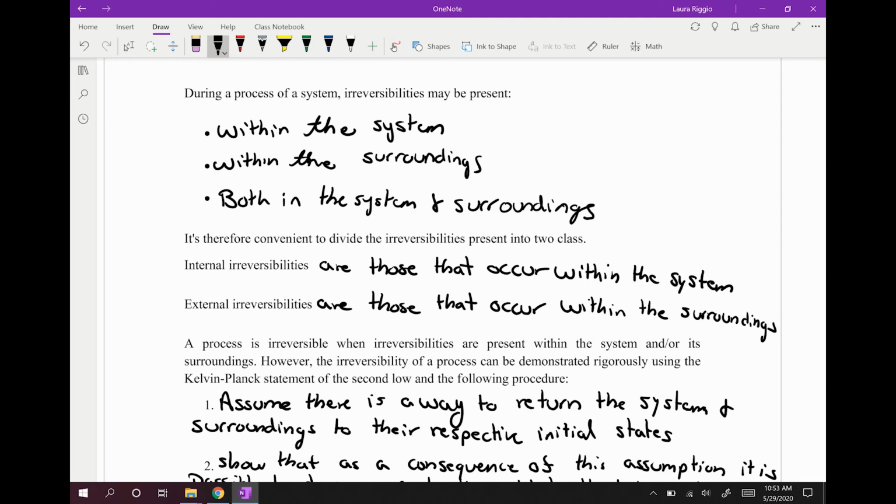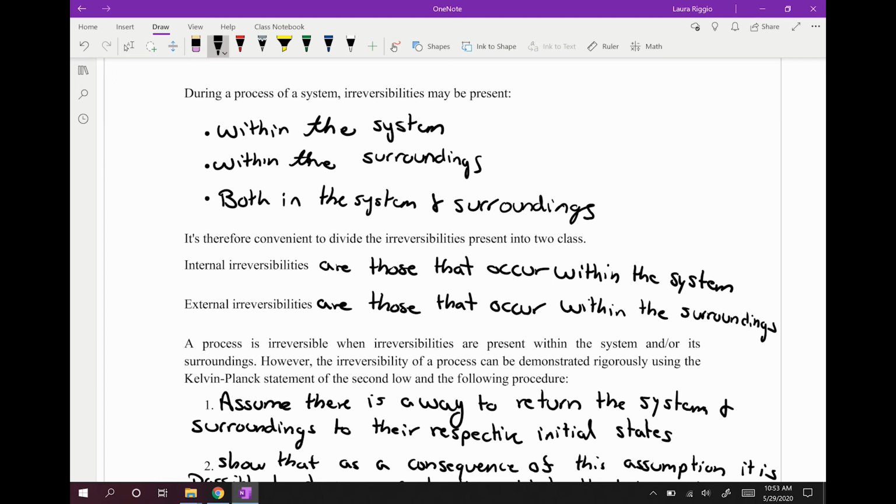Because of how and where irreversibilities can lie, we're going to divide irreversibilities into two classes. We have internal irreversibilities, those are the ones that occur within a system. And we have external irreversibilities, those are the ones that occur within the surroundings.